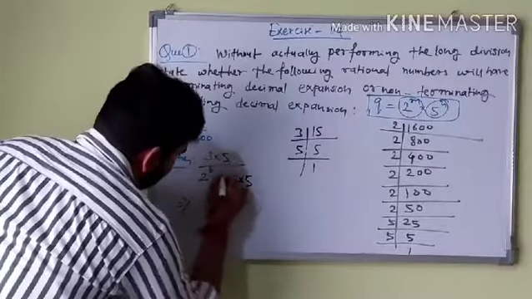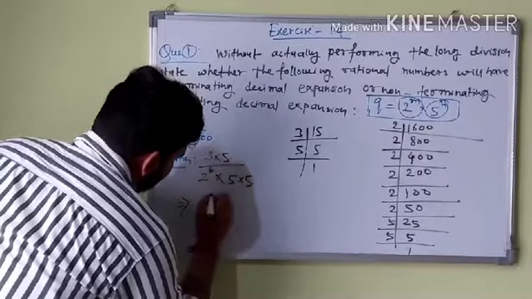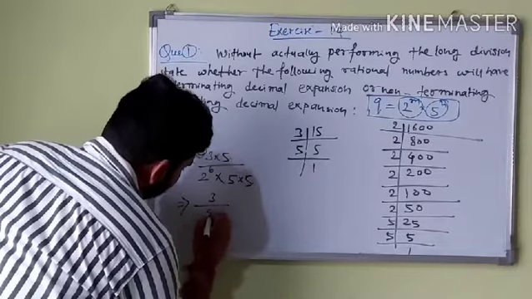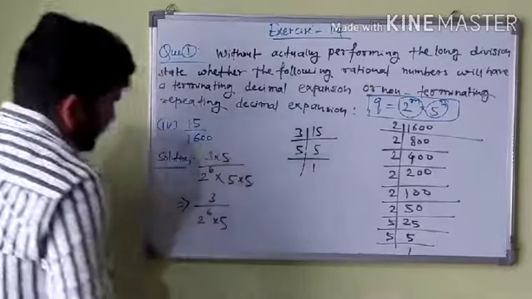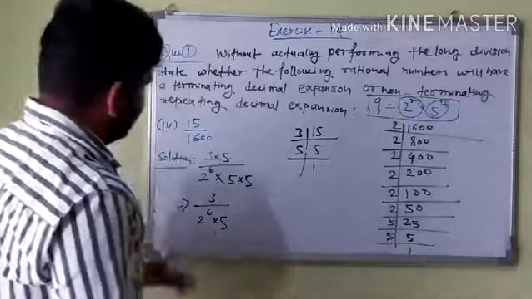Here 5 is 5, this 5 cancels, therefore we can write it as 2 to the power 6 into 5. It is directly shown in this.